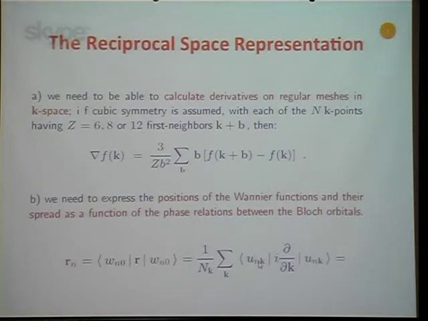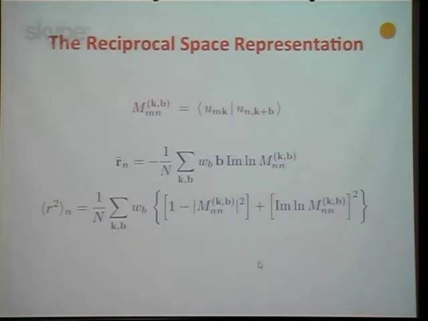And so basically what becomes apparent from this finite difference representation is that I need to calculate the scalar products between the periodic part of the Bloch wave function at every k point and at every neighboring k point.